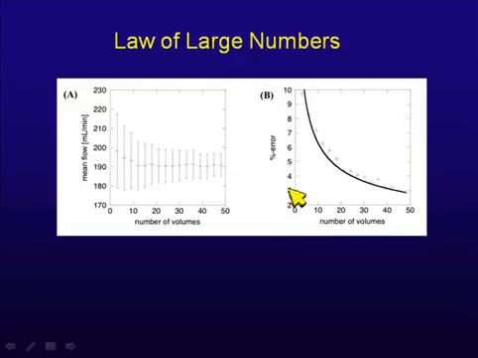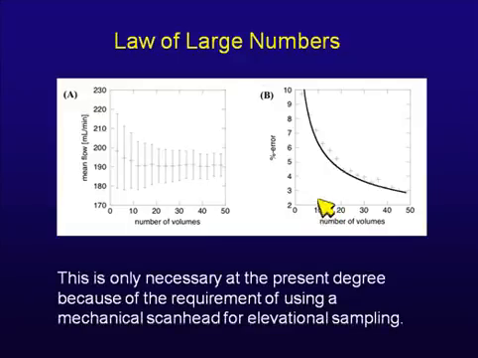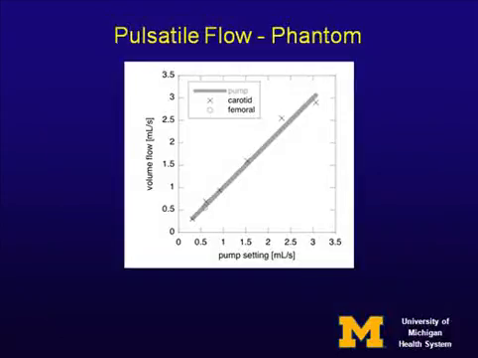And you can get arbitrarily close estimates to the correct value. You can see that at 15 estimates, we're at plus or minus 5%, standard error of the mean. But like I said, all of this is occurring because we have a mechanical scan head. If we had a real 2D array and could do real-time 3D and 4D, this would not be nearly as big an issue.